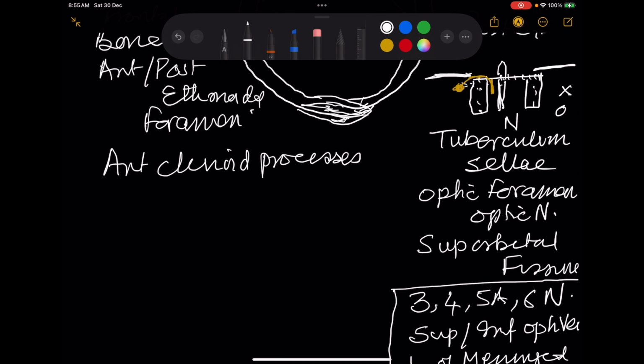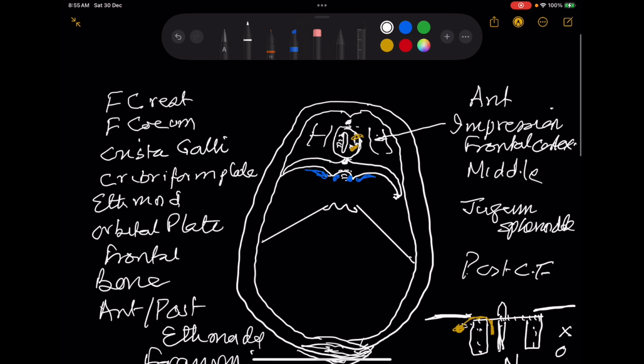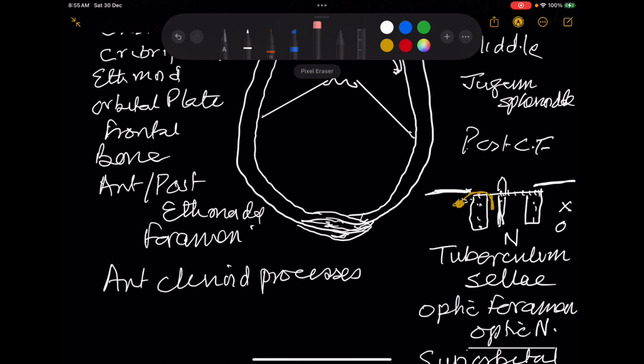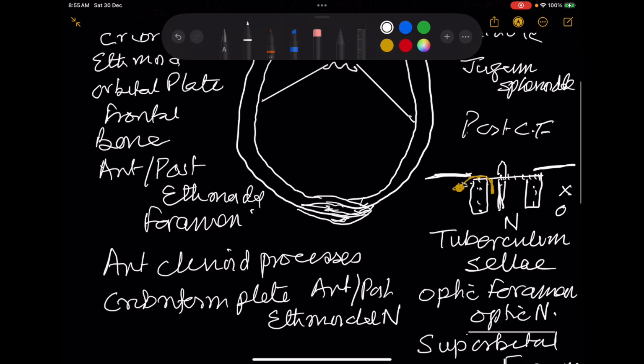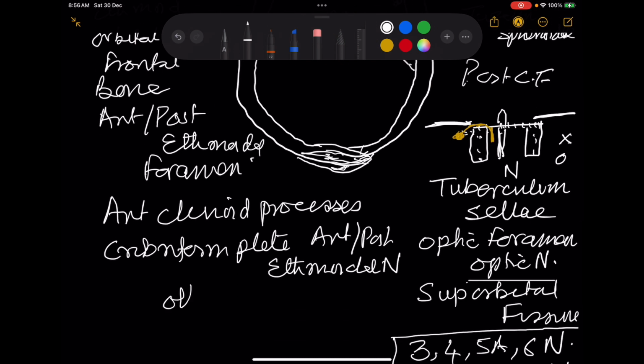The optic foramen passes the optic nerve, and the cribriform plate of the ethmoid that we see here passes the anterior and posterior ethmoidal nerves, branches of the nasociliary as you have seen, and the olfactory nerves, 20 on each side.